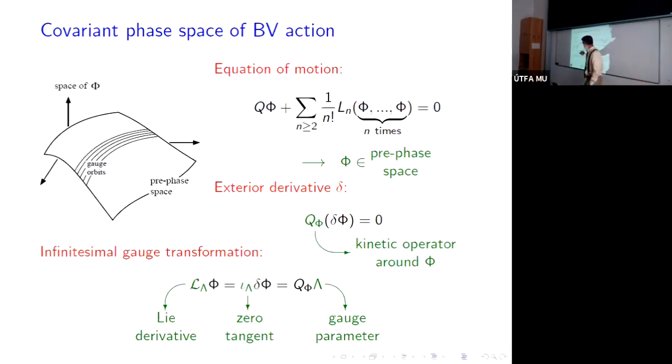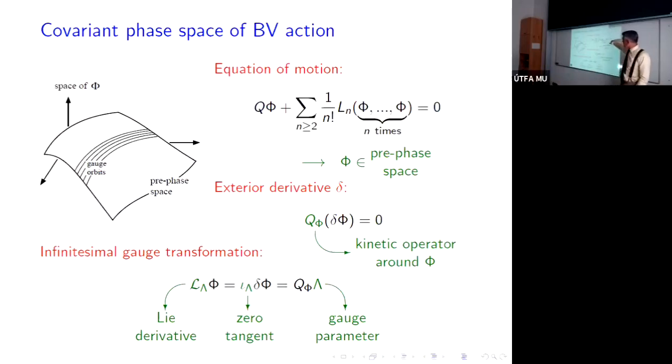One can think about this space as a manifold, and one can define a complex of differential forms on this manifold. The exterior derivative of this complex we're going to write as delta. So this is not a variation, this is an exterior derivative, like an object.